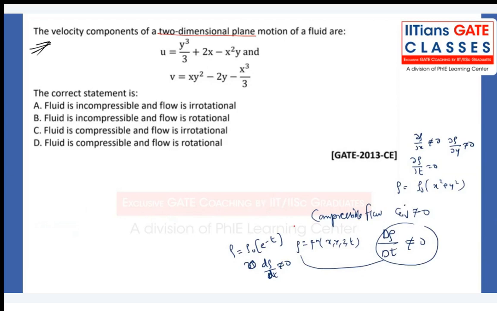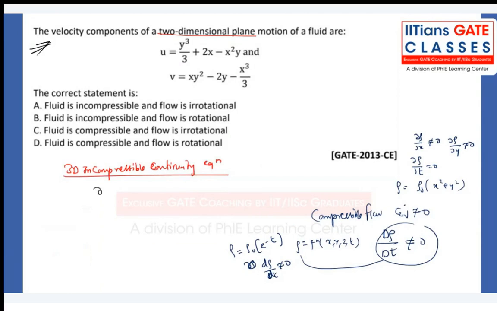What do we have to do? How to solve that? Whether the flow field is incompressible or not. What is the 3D incompressible continuity equation?